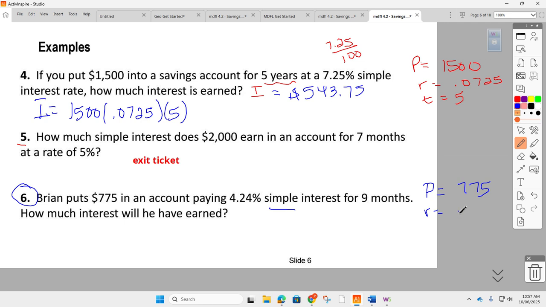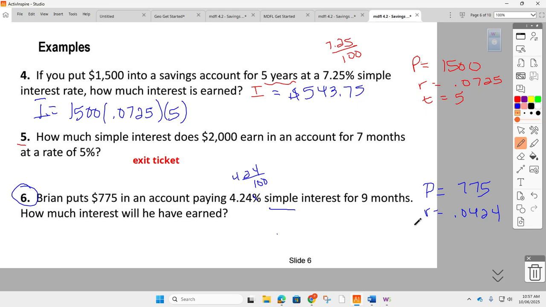Not 0.424. Remember, 4.24 divided by 100, right? And that's going to move that decimal place 2 places. It's going to be 0.0424, right? Always divide that interest rate by 100 and drop the percent sign.